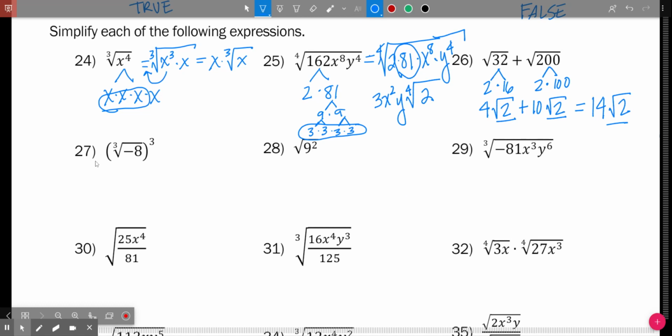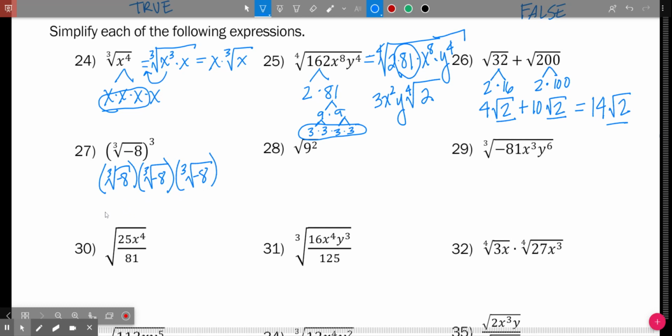In number 27, we have the cube root of negative 8 raised to the third power. Well, this means the cube root of negative 8 times the cube root of negative 8 times the cube root of negative 8. The product rule says that we can put all three of those under the same radical.